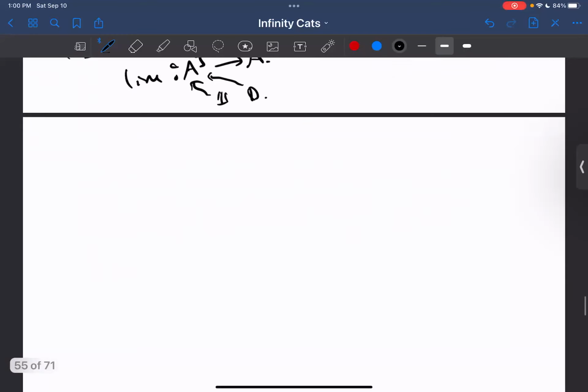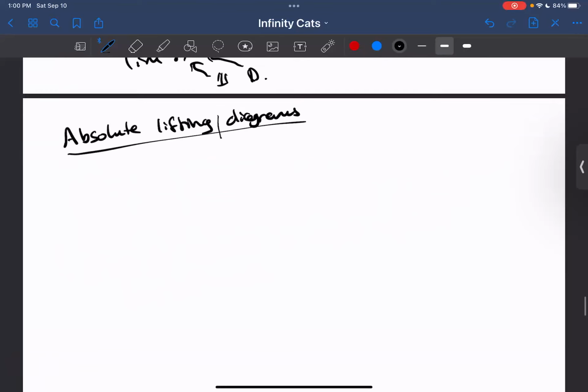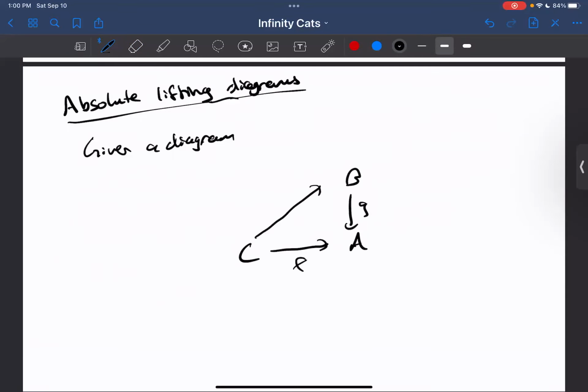So we're going to have something that is sort of dual to Kan extensions. It's called absolute lifting diagrams. All right, so given a diagram, B going down, say, by G to A, here we're going to have C by F. We can look at L here and some natural transformation rho going up here.